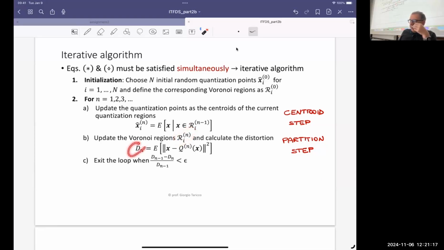We use the distortion function to decide when we can exit the loop.